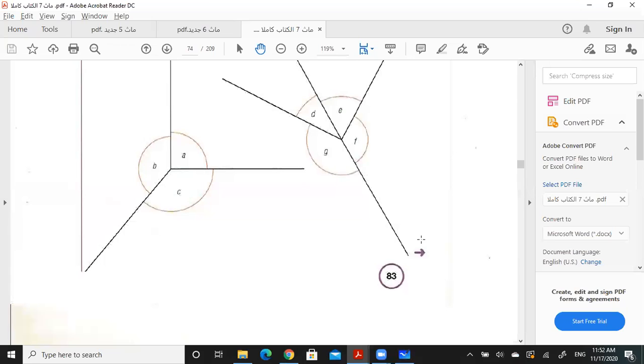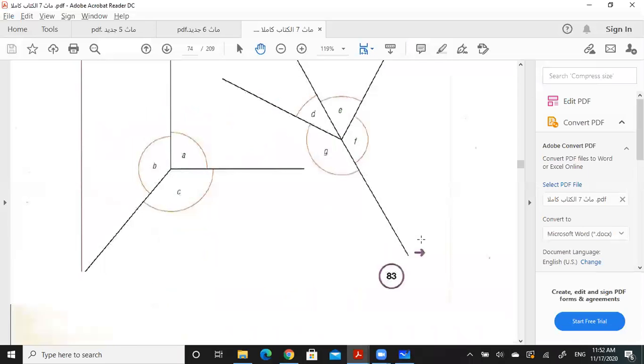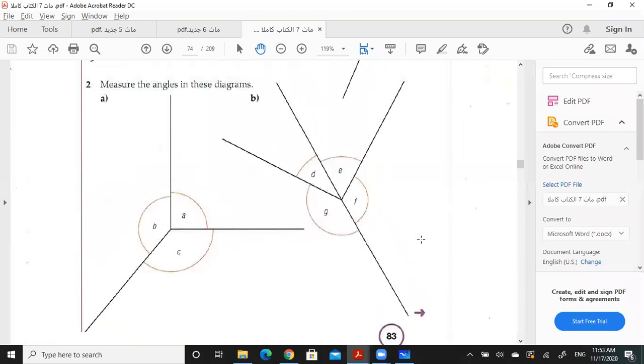When was that? I think it was in 2019. I was not in this school. You mean last year? Okay, you can practice more. No problem.